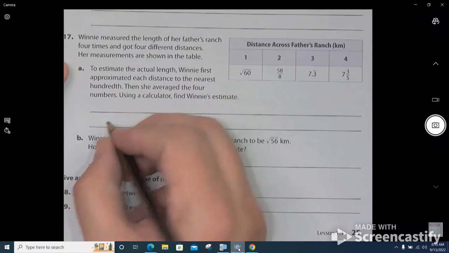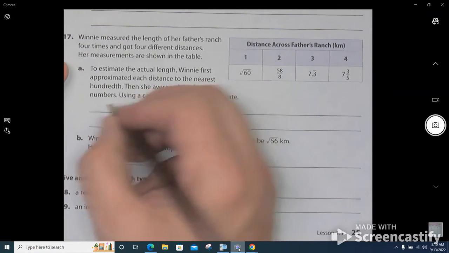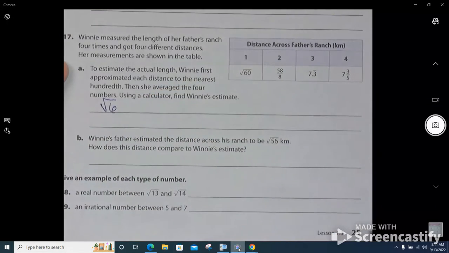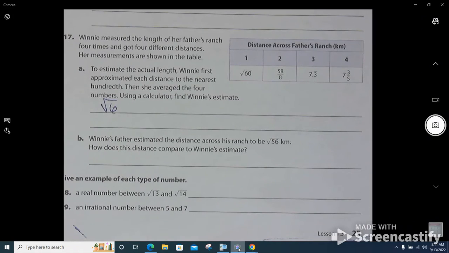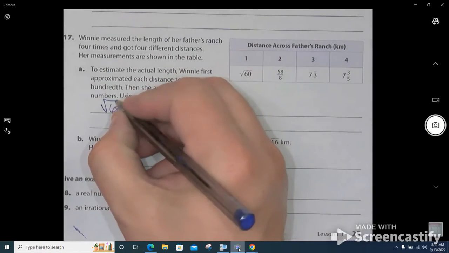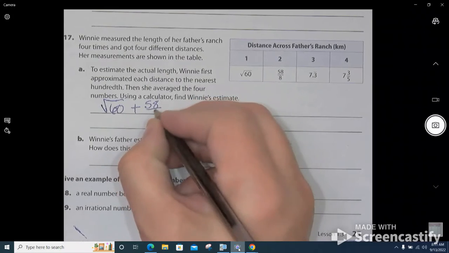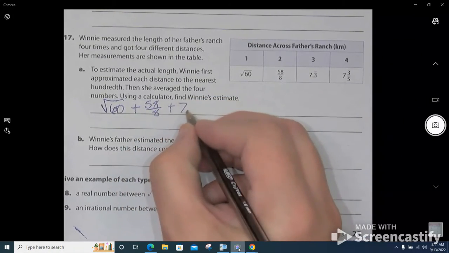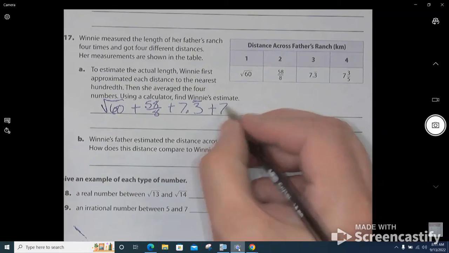So to find the average, what I'm going to do is take the square root of 60 plus 58 over 8 plus 7.3 repeating plus 7 3/5.